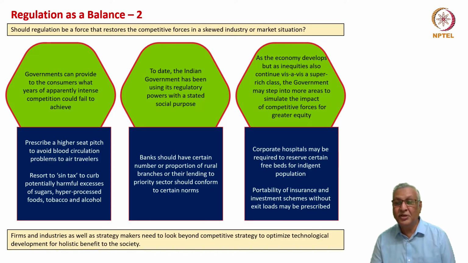As the economy develops, but as inequities also continue vis-a-vis the super rich class, the government may have to step into more areas to stimulate the impact of competitive forces for greater equity. Corporate hospitals, for example, may be required to reserve certain free beds for the indigent population. Governments had to intervene to moderate the cost of RT-PCR testing for COVID passengers in airports as well as for COVID patients in the broader society.